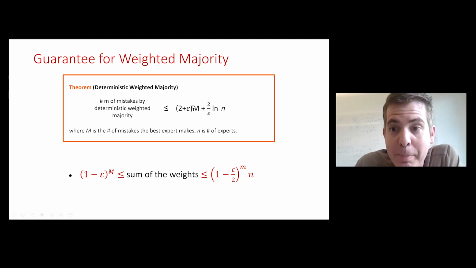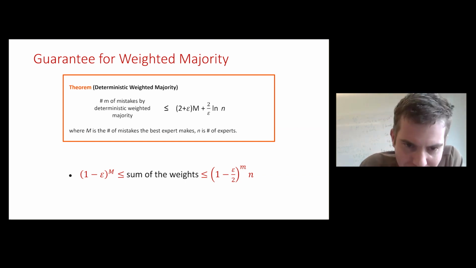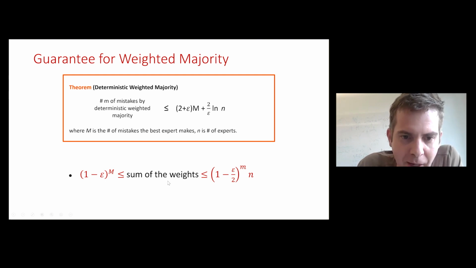And epsilon here is a parameter. You can choose it however you wish, but you're going to get at best a 2 approximation, right? You're going to make about twice as many mistakes as the best expert. That's tight for deterministic algorithms with a simple n equals 2 example.